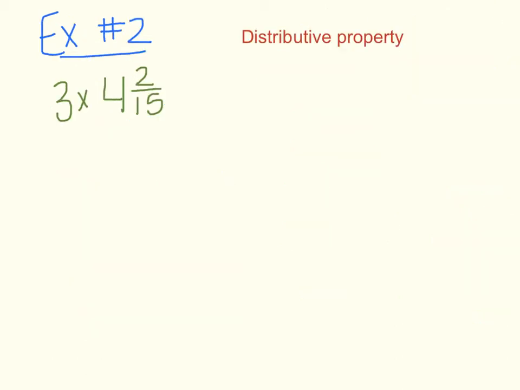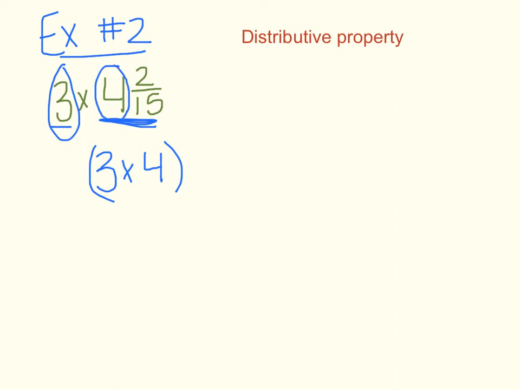Okay, example number 2, we're going to use the distributive property. And I'm just going to lay it out for you. So basically all we're doing is we're going to break up this mixed number. So we're going to have 3 times 4. And all I did was I took this 3 and this 4. I took my two whole numbers. Plus, I'm going to use my 3 again because it's just my whole number.